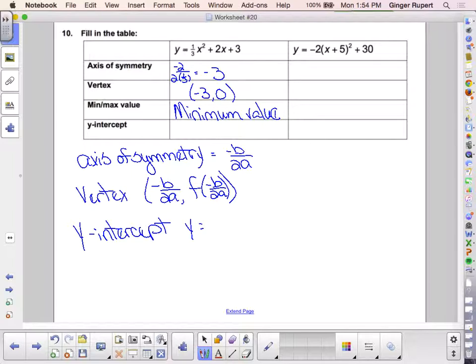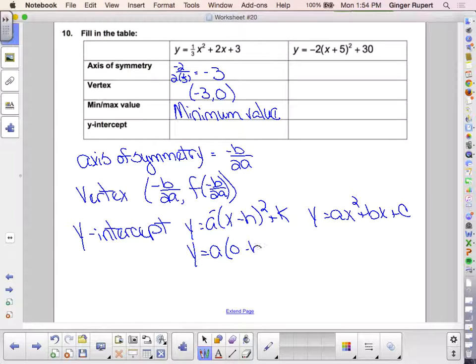So y is equal to a times (x minus h) squared plus k, or y is equal to ax squared plus bx plus c. Whichever form, you just make x 0 and solve for what remains.